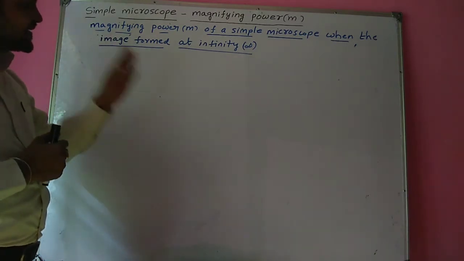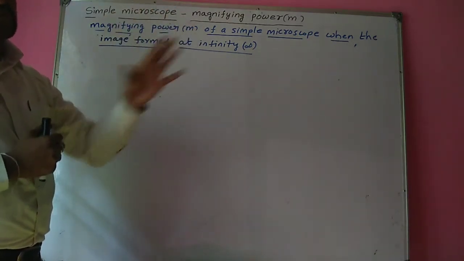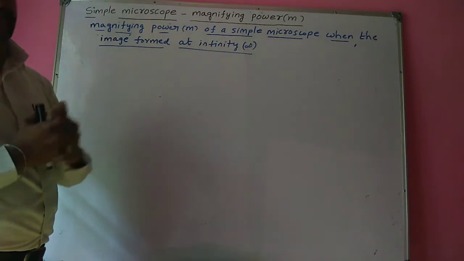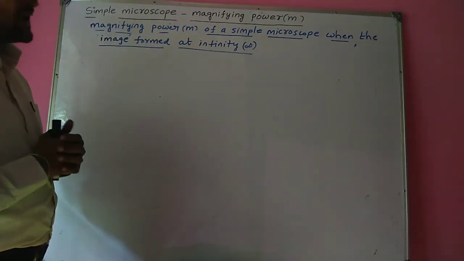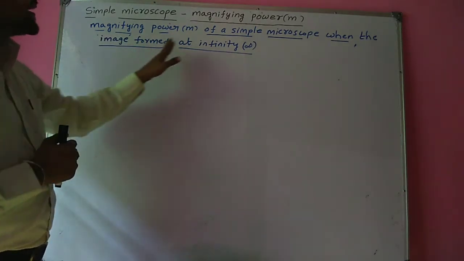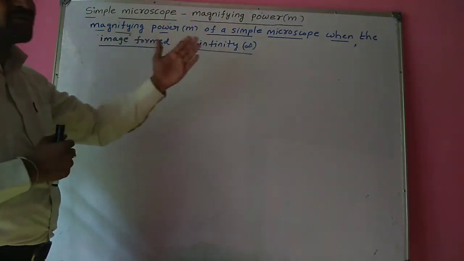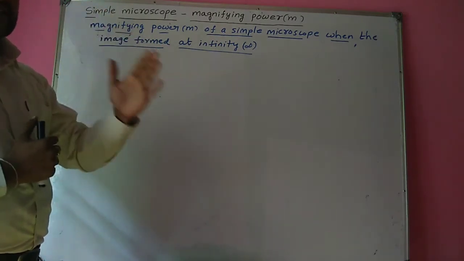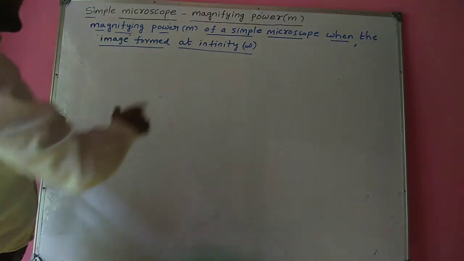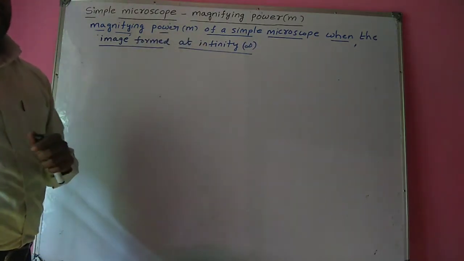But if you see the image for a long time at that position, the eye may get strained. To avoid that problem, sometimes the image formed at infinity is considered, to view the image with a relaxed eye, without any strain.